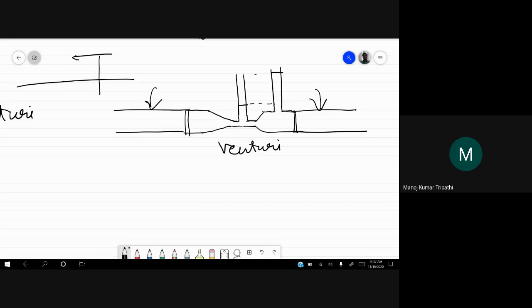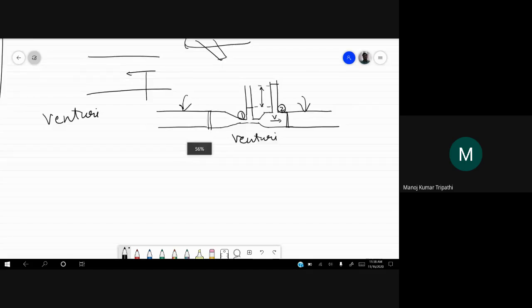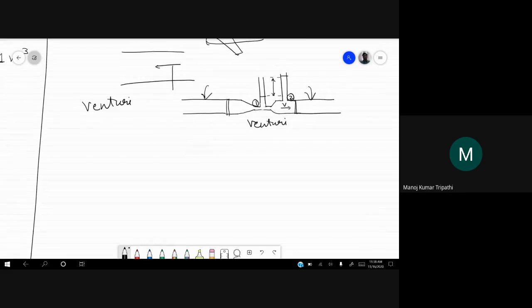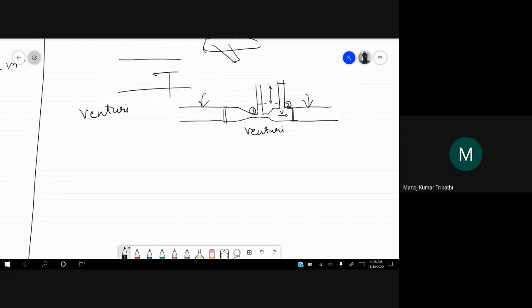So this is just an example setup. You can have a different device for measuring pressure differences between the thin section and the thick section, between the section 1 and 2. Okay, so by this pressure difference you can find out the velocity v. Okay, this we have discussed in first few classes when we started with the fluid dynamics part after the statics part.